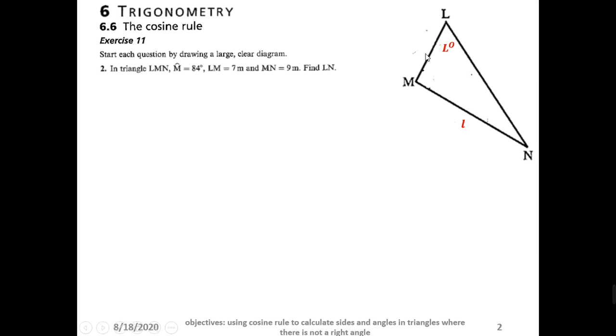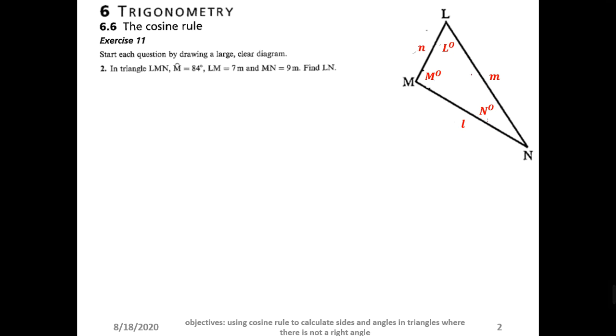M. So this is angle M. The side that is right across from angle M is called M small. And this angle here is called N capital. The side that is right across from angle N capital is going to be named N small. So first thing, we draw a little sketch of the triangle that is stated in my question.